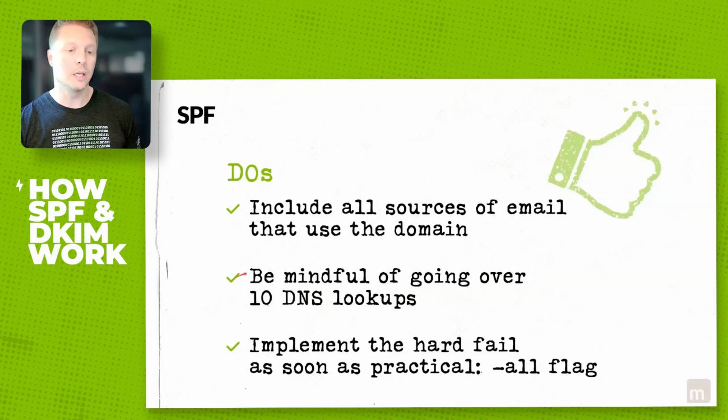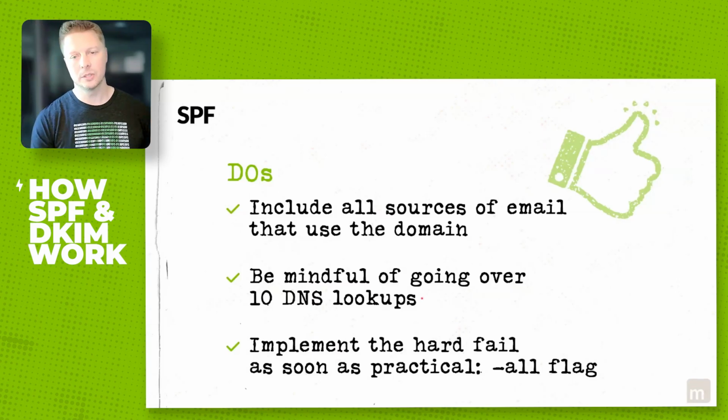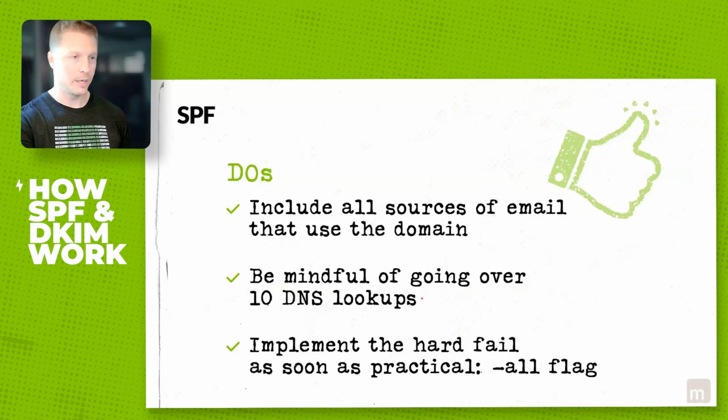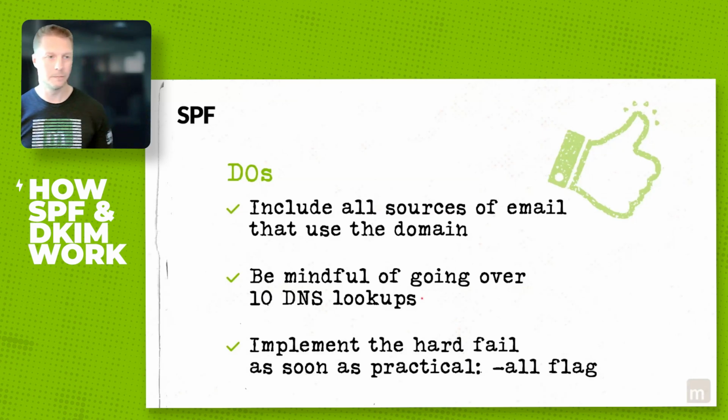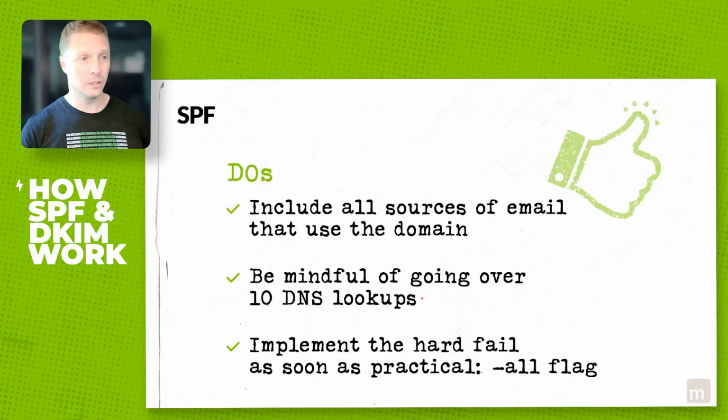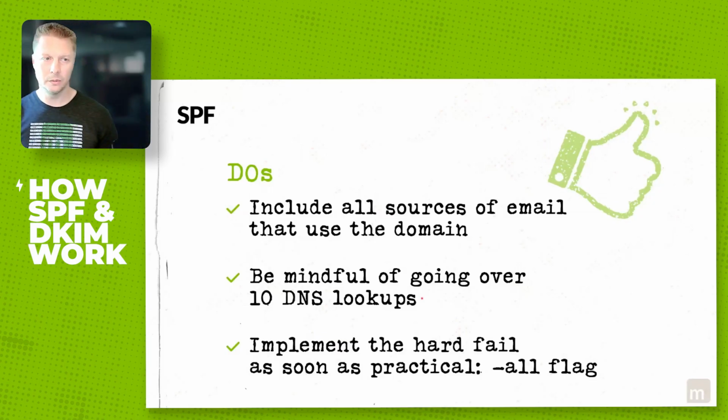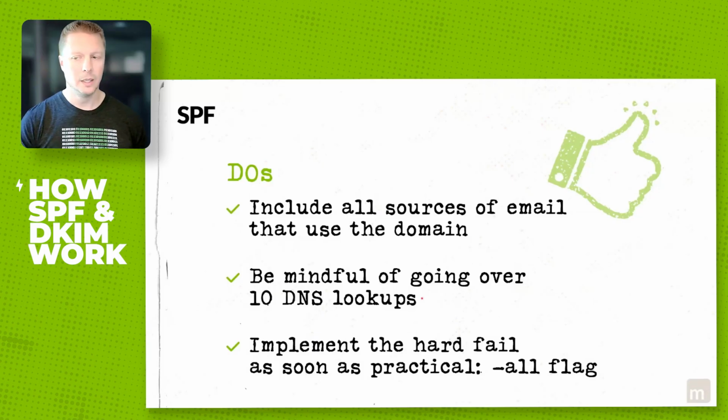So the good news is if you do have more than 10 DNS lookups, there are services out there that do what's called SPF flattening so that you can make sure that all of those IP addresses are a part of your SPF record and it remains valid despite needing more than 10 DNS lookups. So if you're in that situation, just go ahead and do a search for SPF flattening.